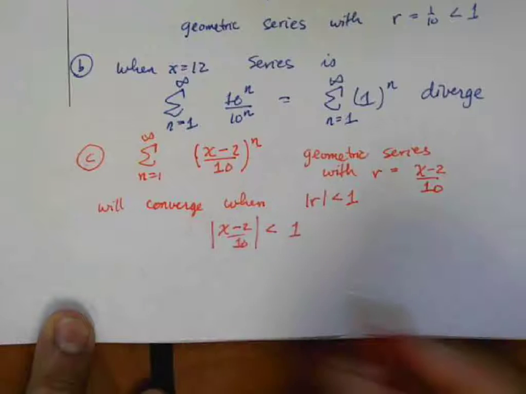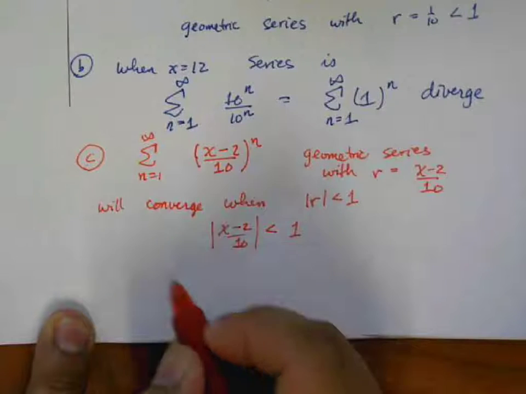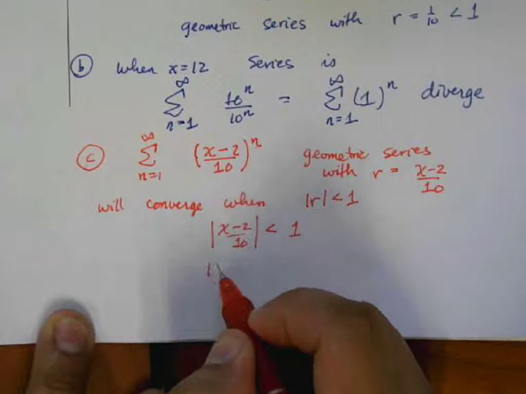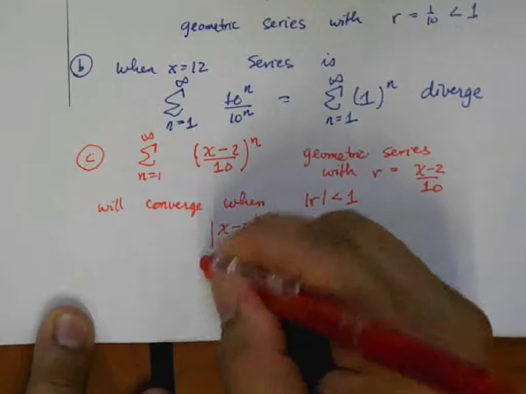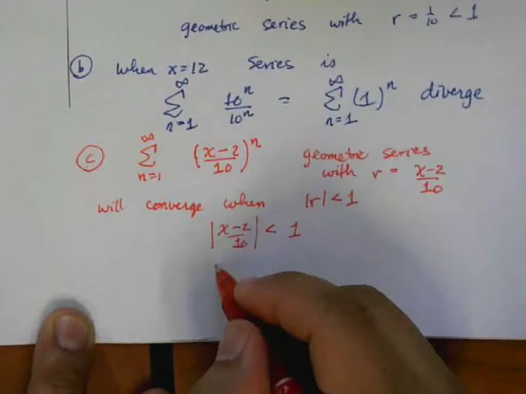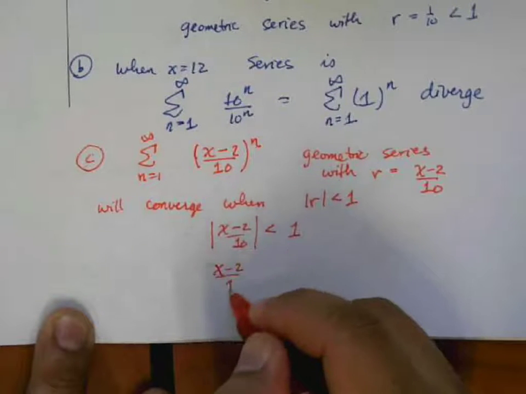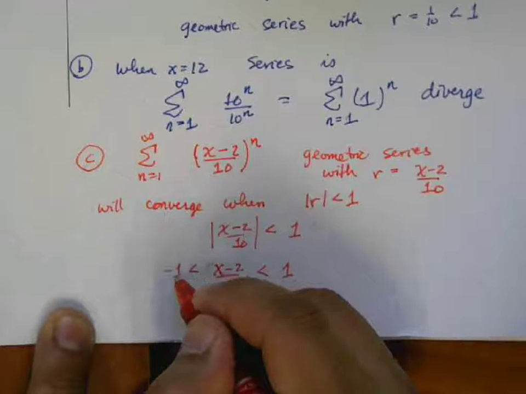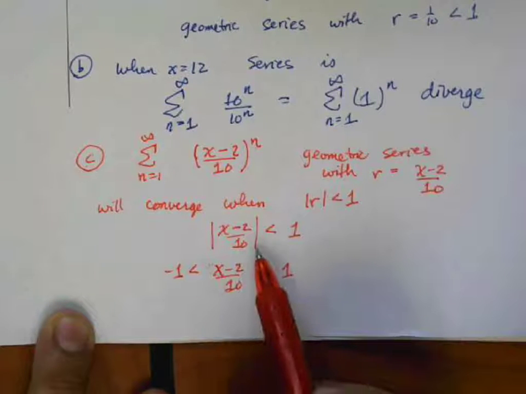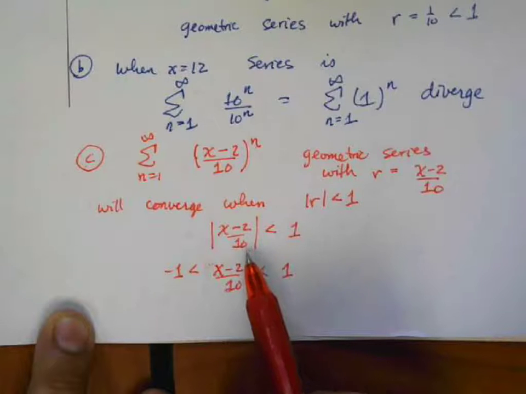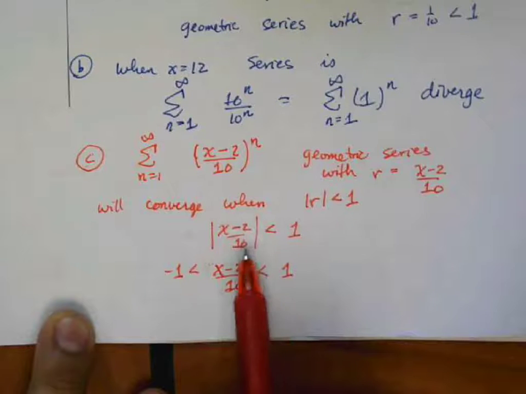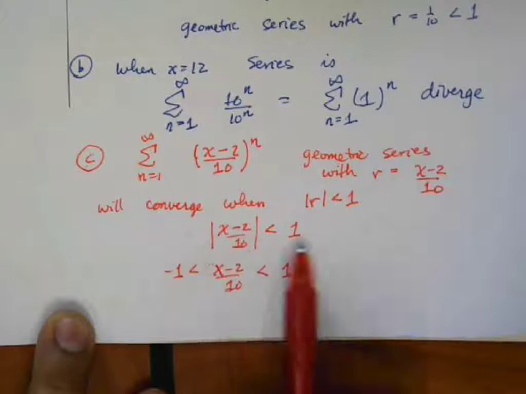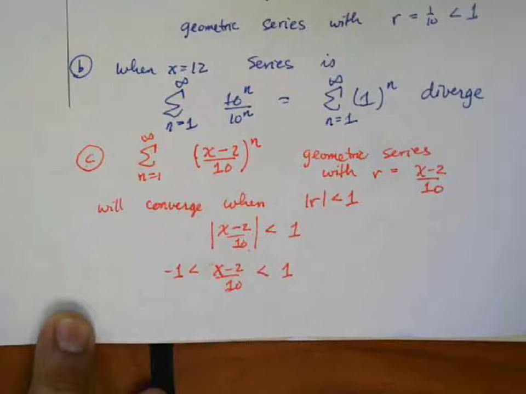So I can take away the absolute value by saying x minus 2 over 10 has to be between positive 1 and negative 1. Just think about absolute value as the distance from a number, and this is just saying that the distance of this expression from 0 has to be less than 1, which is the same thing as saying this.